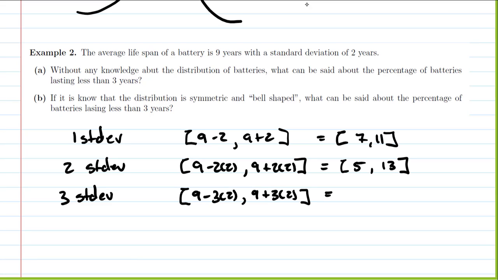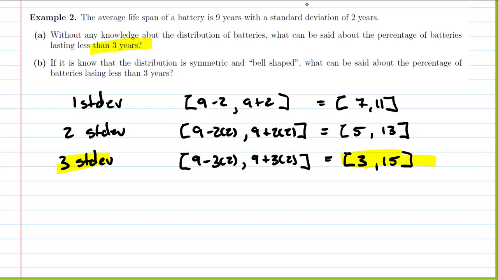So that's going to be 9 take away 6 is 3, and 9 plus 6 is 15. So finally, we've made it to this part where, all right, we know the average lifespan is 9 and the standard deviation is 2. So 3 years is 3 standard deviations away from the mean.